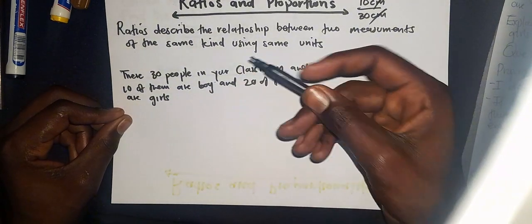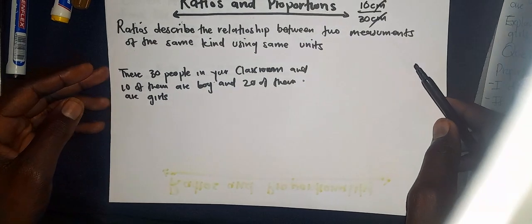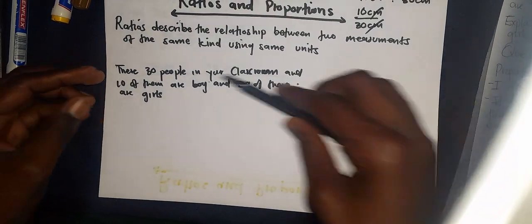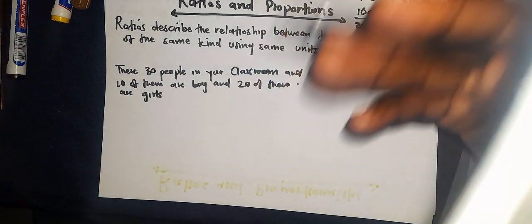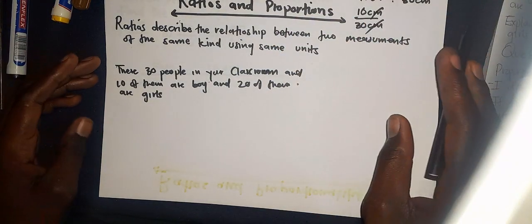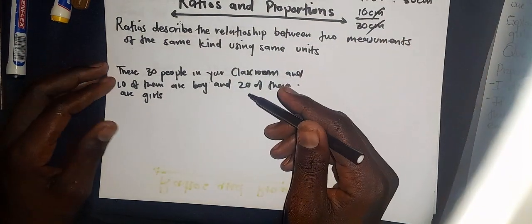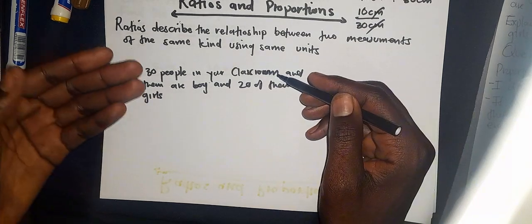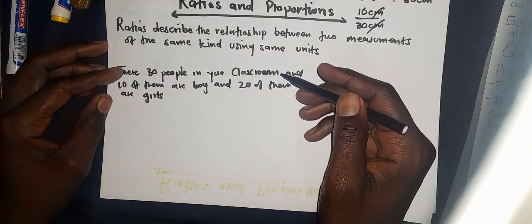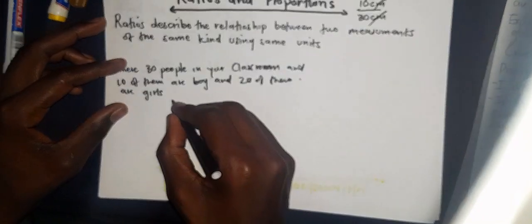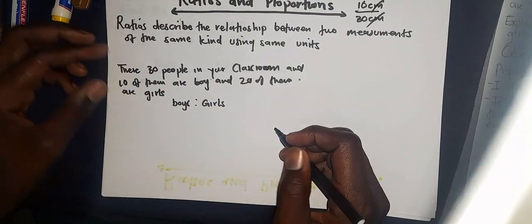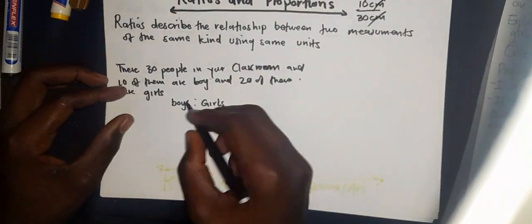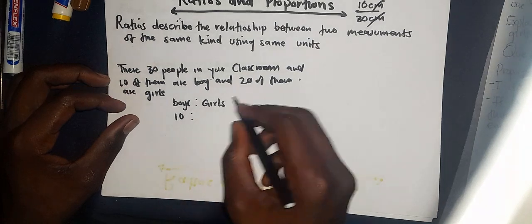They are all people, they just have different genders. So we can compare the number of boys in the class and the number of girls in the class. The number of boys is 10, and the number of girls is 20.